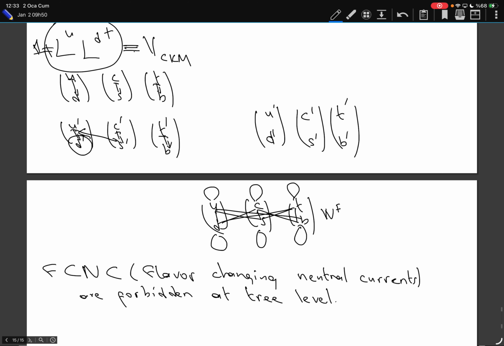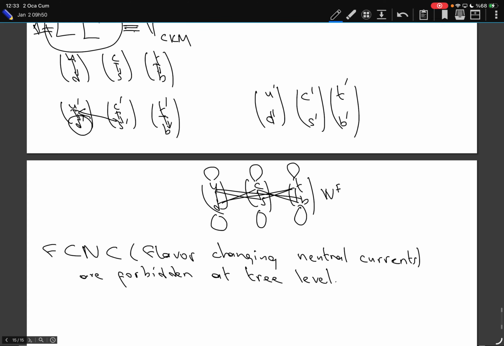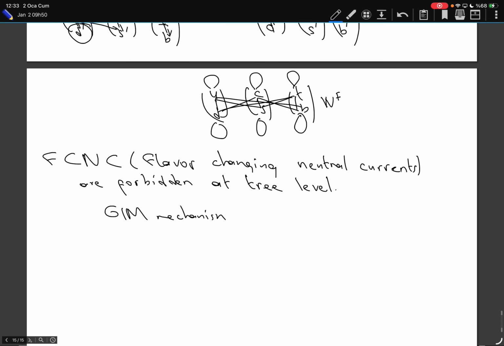So when you do this treatment, this mechanism is also sometimes called the GIM mechanism. It's just that they don't appear at tree level. What I mean by that is they appear at higher orders.